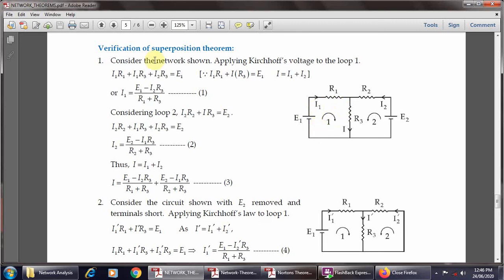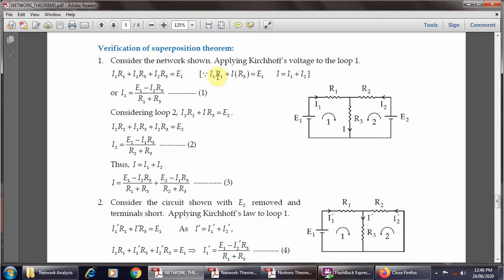In loop 1 there is E1, which is equal to I1 R1 plus R3 times I1 plus I2. Therefore the equation is I1 R1 plus I1 R3 plus I2 R3 equals E1.